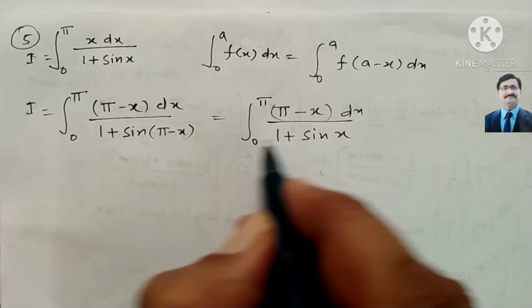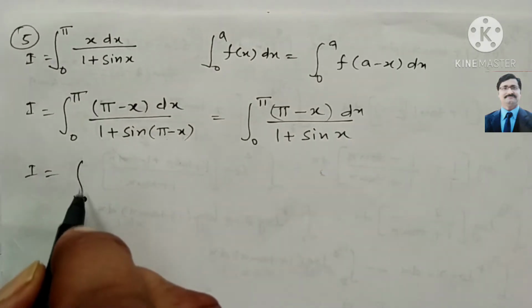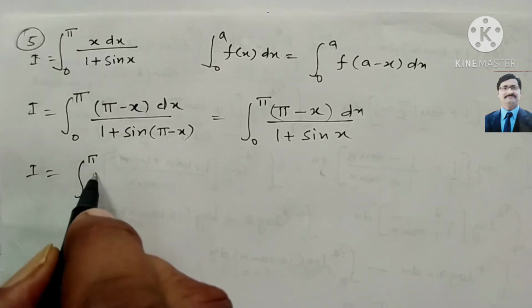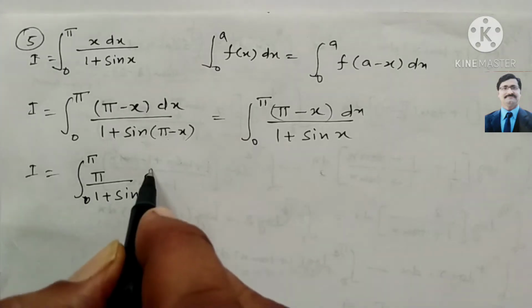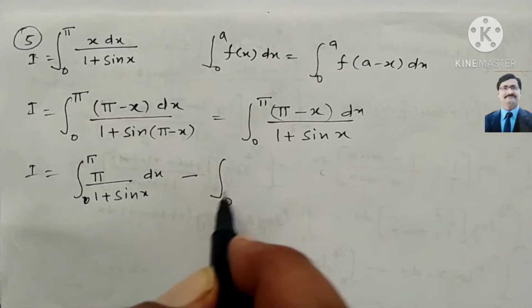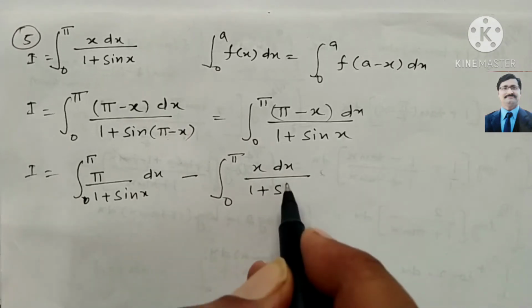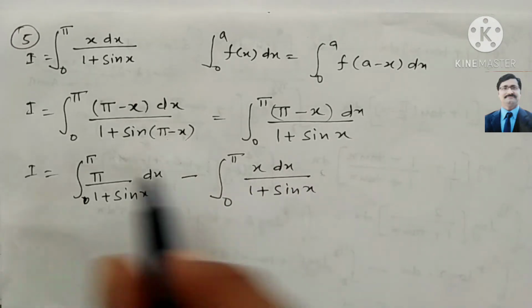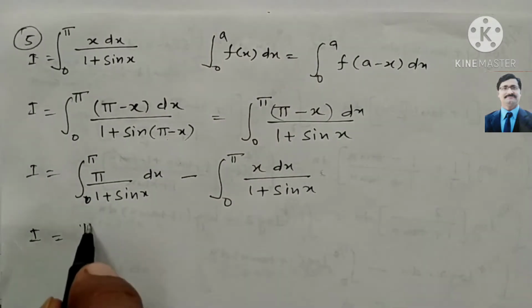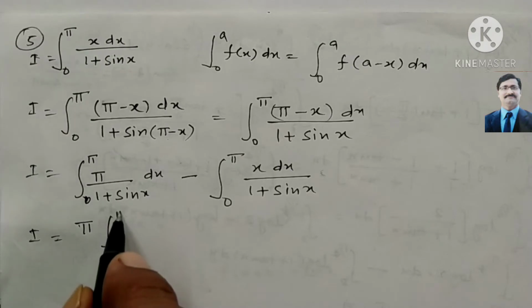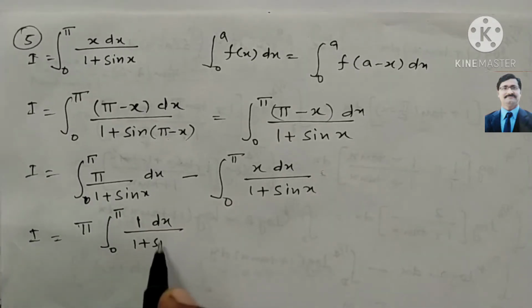Okay, and this we can separate: 0 to pi of pi upon 1 plus sin x dx, minus 0 to pi of x dx upon 1 plus sin x.